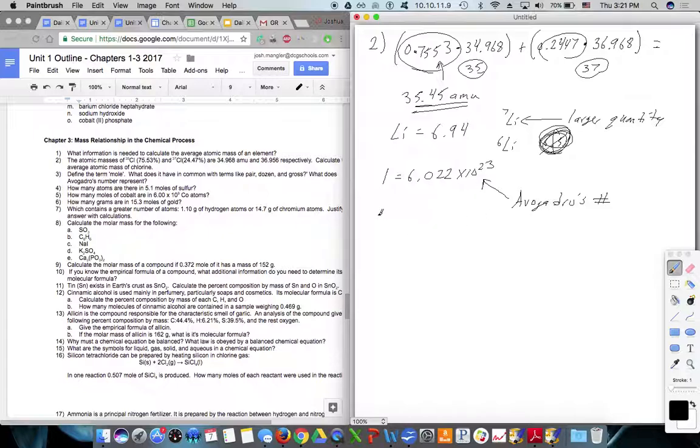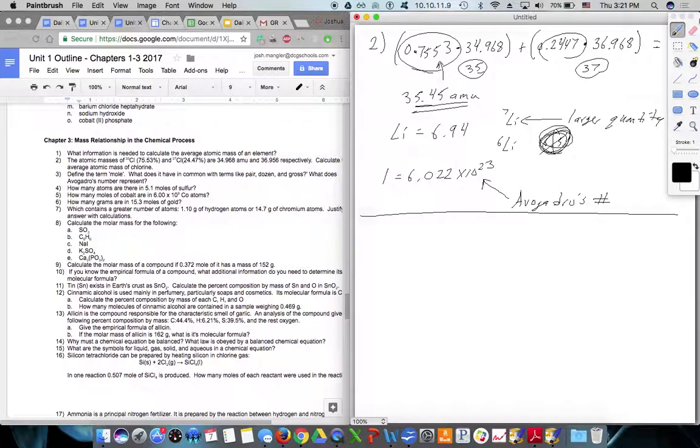All right, number 4. How many atoms are there in 5.1 moles of sulfur? When we look at a mole, and we're doing these simple conversion problems, we can go 2 directions. We can go to things, or we can go to mass. Mostly in chemistry, we live in this region right here, moles and mass.